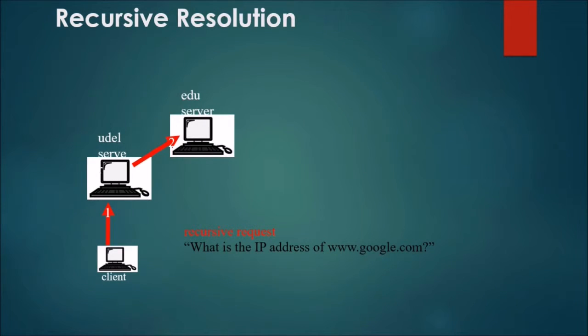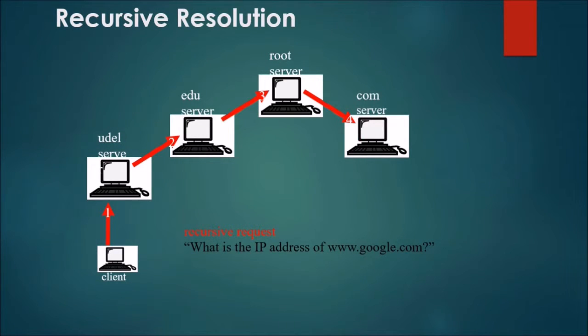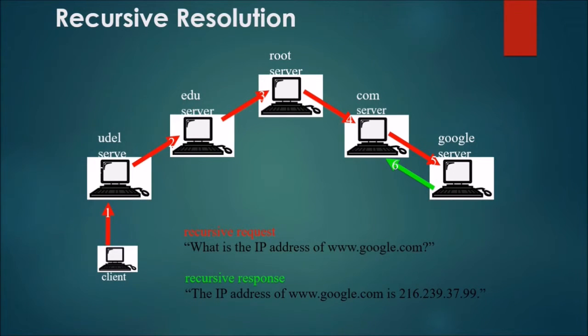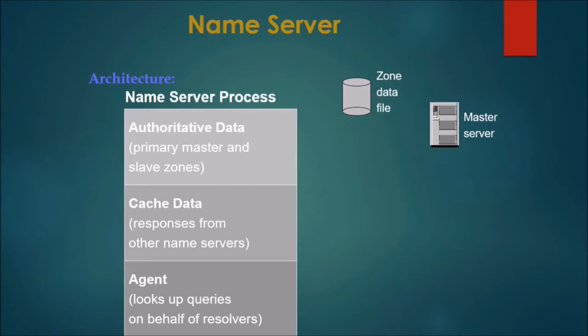It goes to the edu server, which gives it to the root server, it goes to the com server, it goes to the website server, and then it is given back, and finally to the client. So this is the recursive request and the recursive response, that the IP of some website is this.